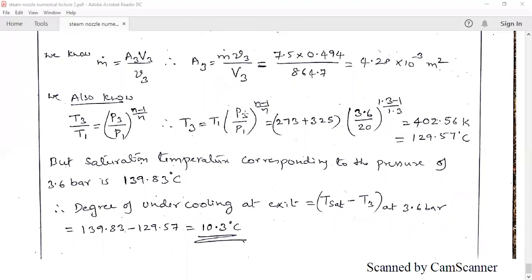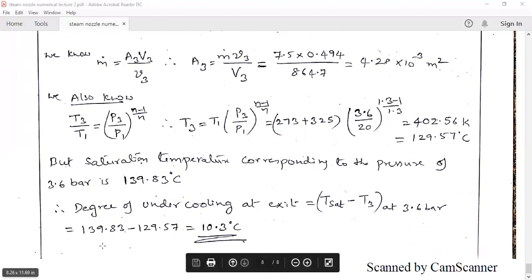For the P3 value, you need to find the saturation temperature. The saturation temperature for 3.6 bar is 139 degrees centigrade. But the temperature you obtained is 129 degrees centigrade. So the degree of cooling is 139.83 minus 129, so 10 degrees is the cooling effect obtained due to supersaturation. Thank you.